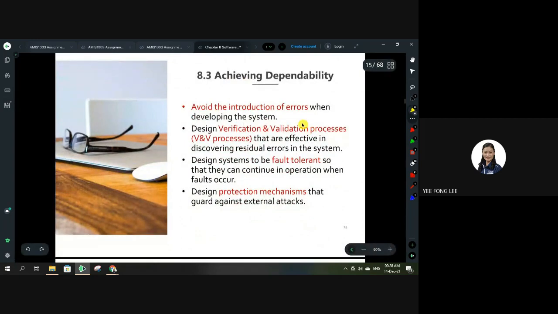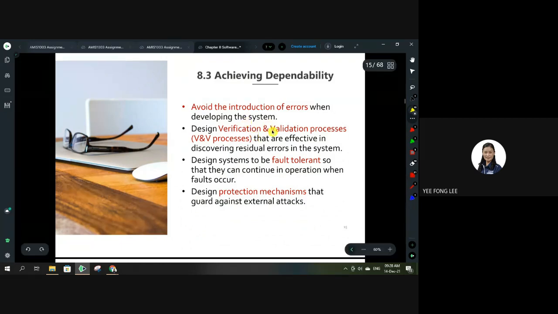Achieving dependability. Avoid the introduction of errors. Let me glance at the slide for a moment. Many dependability attributes depend on one another, right? Safe system operation depends on availability and also reliability.